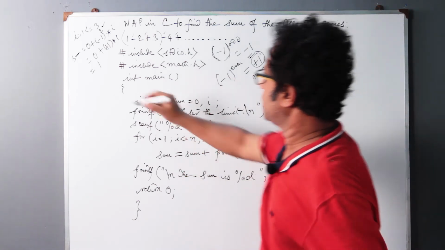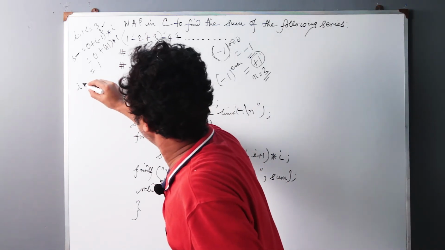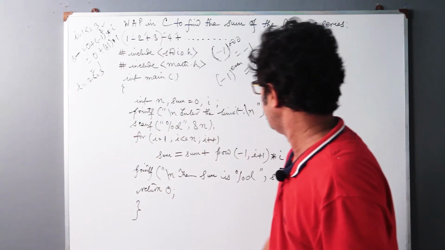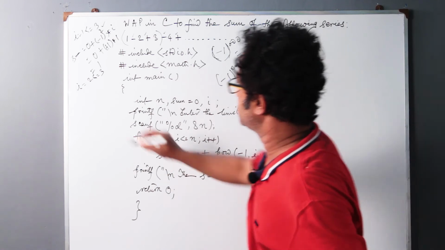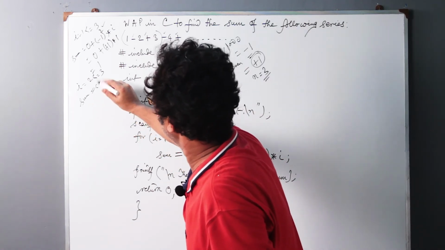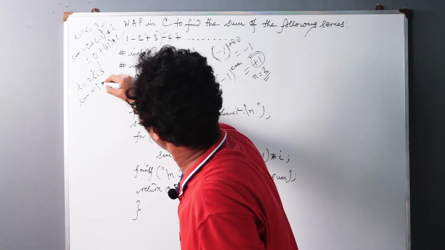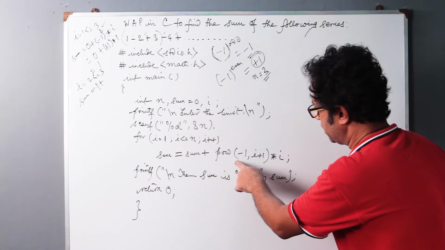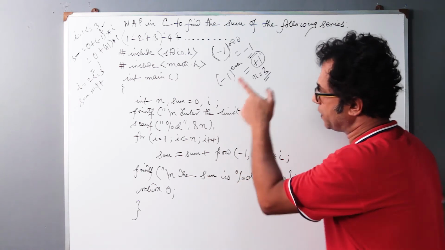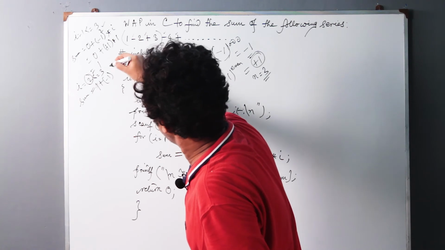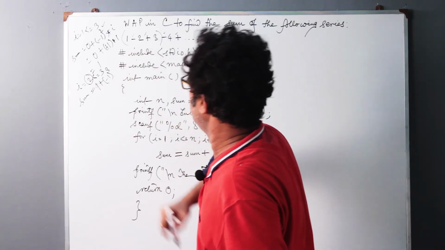Next, I plus plus, after performing the increment, I becomes 2, which is clearly less than or equal to 3. Then comes the similar logic once again. The sum value is now 1 plus pow(-1, I+1). The I value is 2, so I plus 1 means 3.